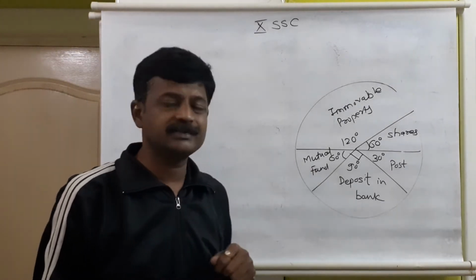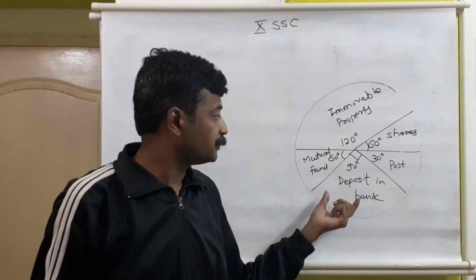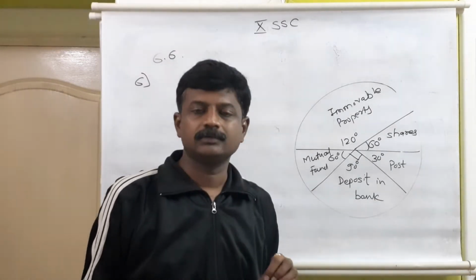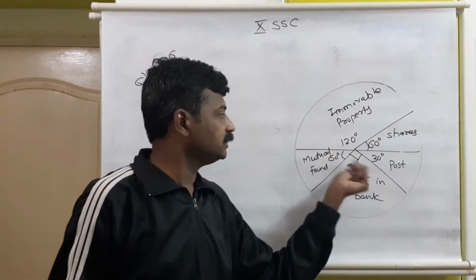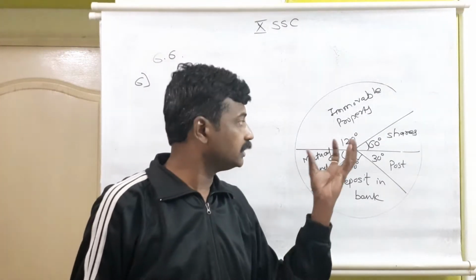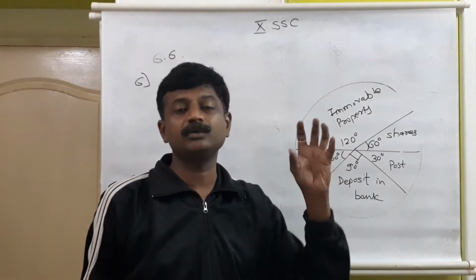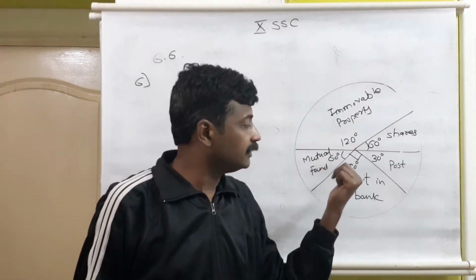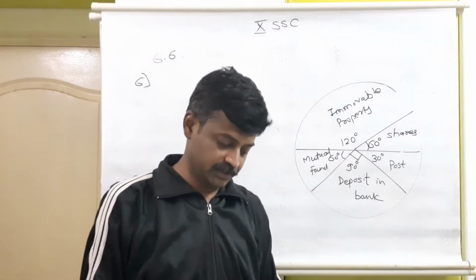Mutual fund investment is 60 degrees, deposit in bank 90 degrees, and in the post office 30 degrees. Overall total is 360 degrees. So their investment is converted into degrees, in the last column. With the help of this we have to answer a few questions.